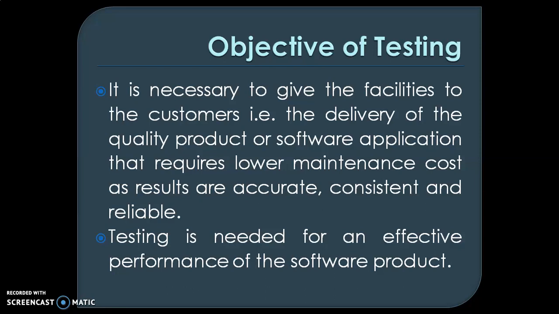Sometimes it gives a correct result and sometimes not; it is not accepted by the customer, so it should be consistent in everything. Last, fifth, testing is needed for effective performance of the software product. So these are some objectives of software testing.